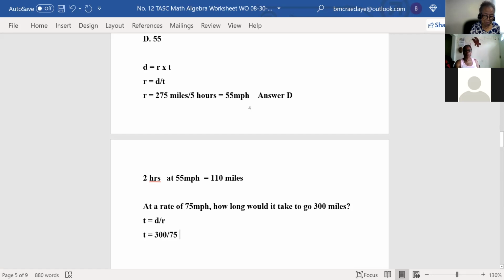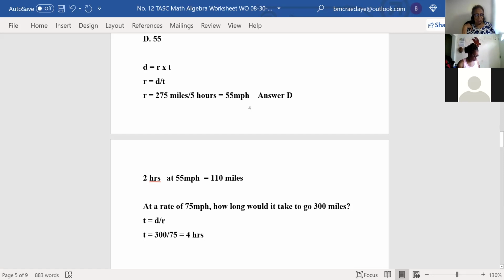And what is that equal to? 4. So that's equal to 4 hours. Mental math. I gave you numbers so you didn't have to do calculation, pencil and paper. You just 4 times 75 is 300. So at a rate of 75 miles per hour, it would take 4 hours to go 300 miles.